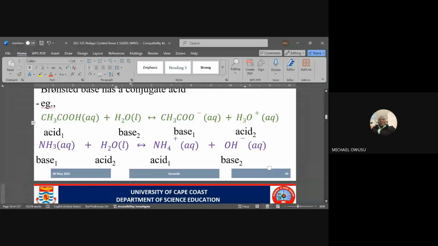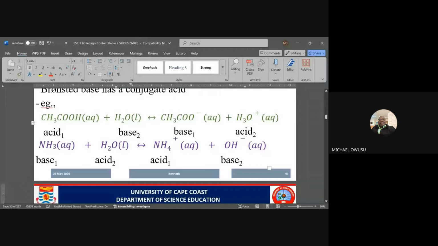So it becomes the acid 2, and at the end becomes the base 2, which is its conjugate base. When that base is short of 1 proton, it becomes a conjugate base, and when it accepts a proton, at the end of the day, that one becomes its conjugate acid.